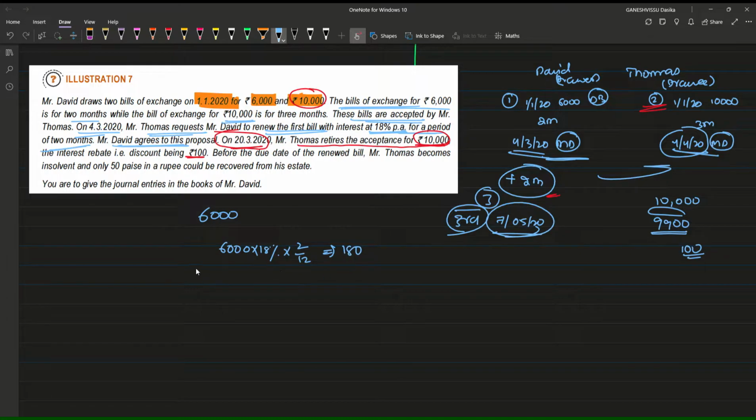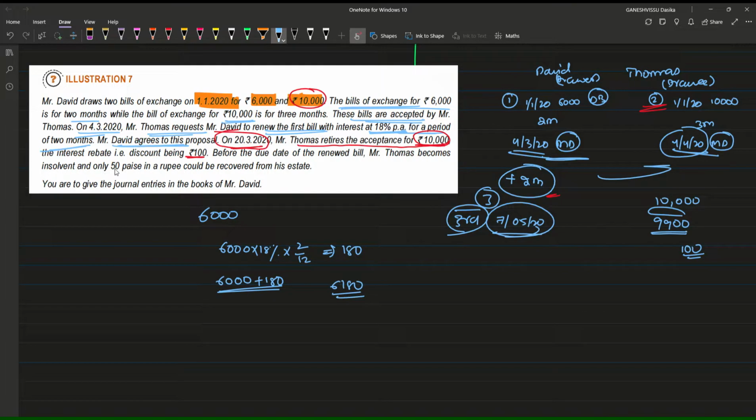This is the interest. So 6,000 plus 180 rupees, together with this amount the third bill would be drawn. Bills receivable account debit to Thomas account for 6,180 rupees.